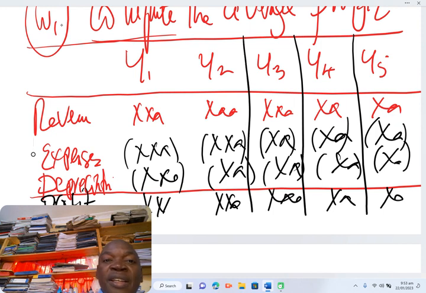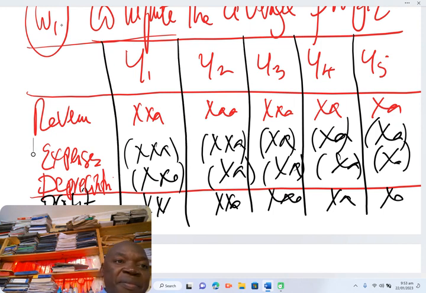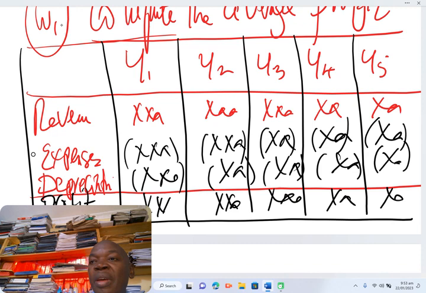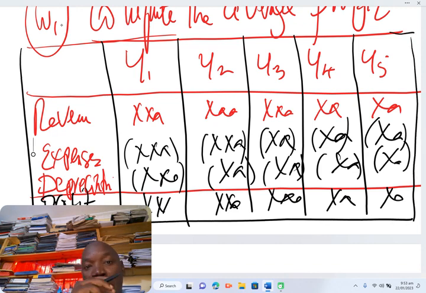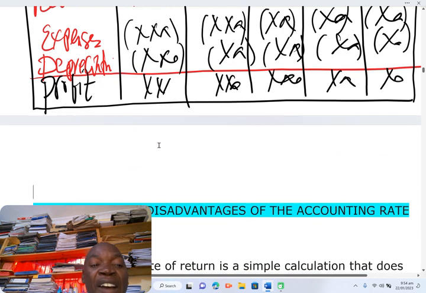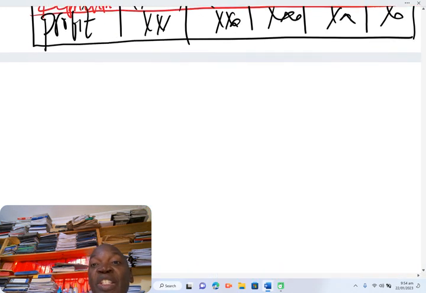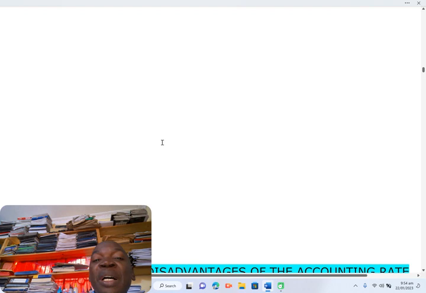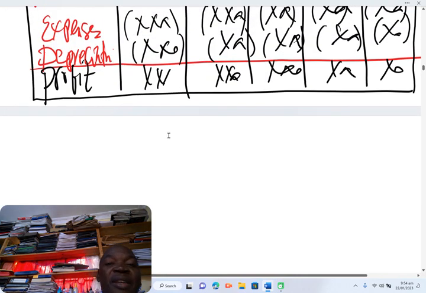It's technically easy. But remember, these profits are not considered for the time value of money. So the average profit is the total profit divided by number of years.